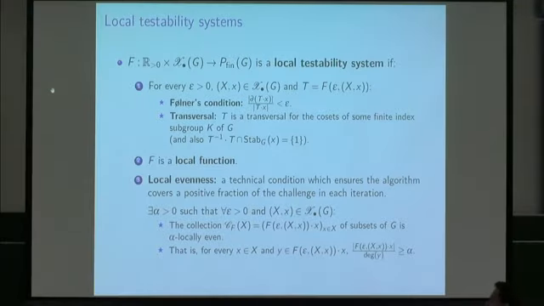So I'll go back to the definition of a local testability system. We need to define such a function, taking epsilon and a G set and returning a tile. I'll start by fixing epsilon. So epsilon is how well we're required to solve the challenge, how many edges we are allowed to change.